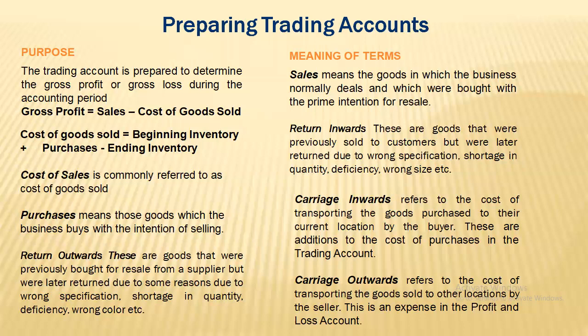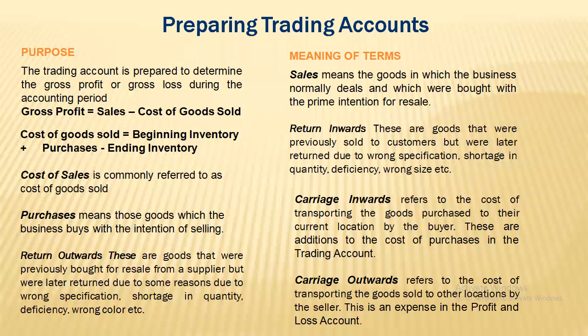Then we now have returns outwards. Returns outwards are goods that we've previously bought from our suppliers, those that usually supply us with products. We realize that some of them may not meet the specification or the requirement, or may be defective, and we might decide to return those goods back to the supplier.